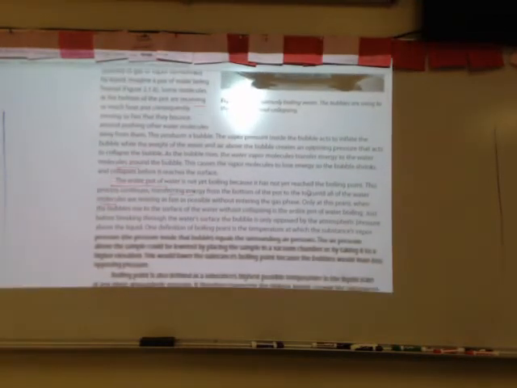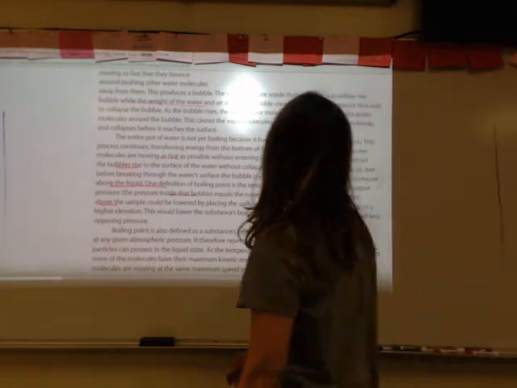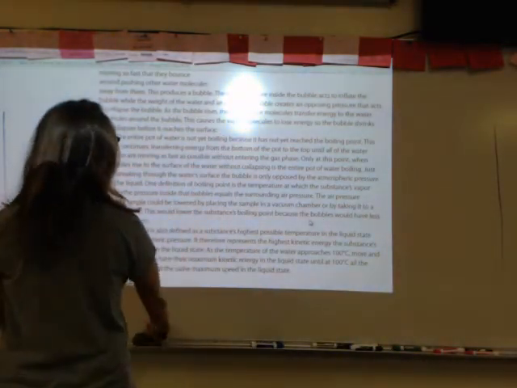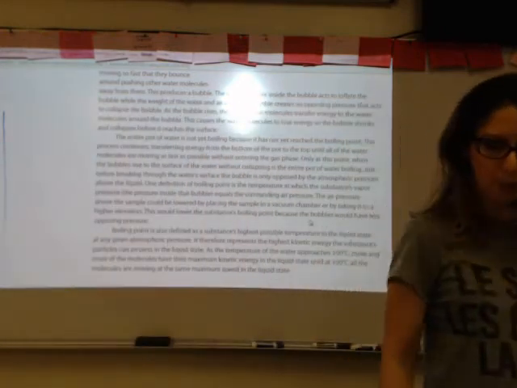And the vapor pressure inside the bubble inflates it, while the weight of the water and air above it create an opposing pressure that makes the bubble collapse. And as the bubble rises, the water vapor molecules lose energy and the bubble shrinks and collapses before it gets to the surface.